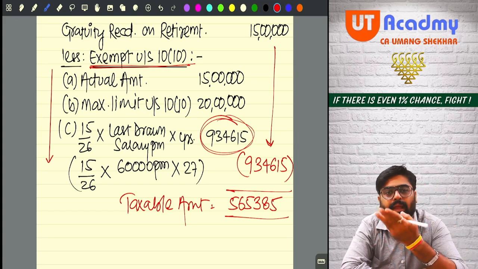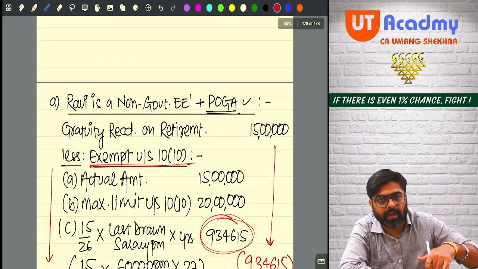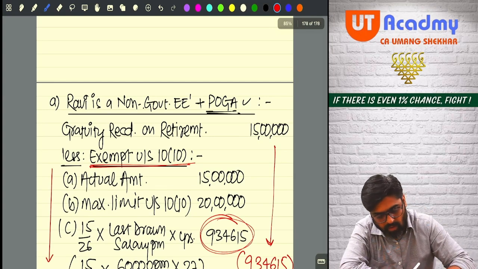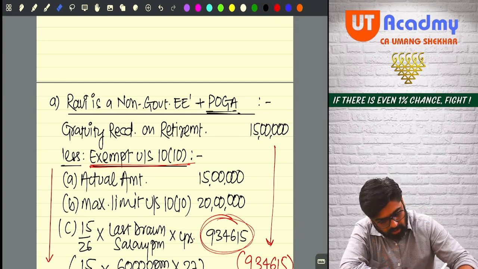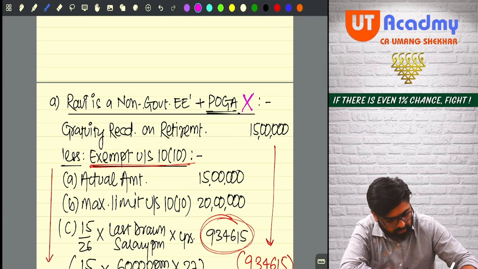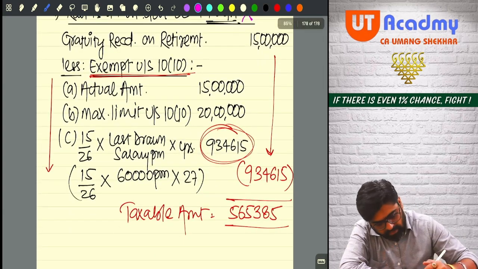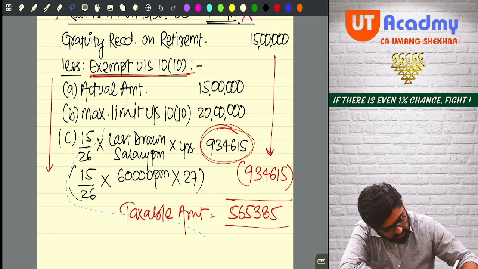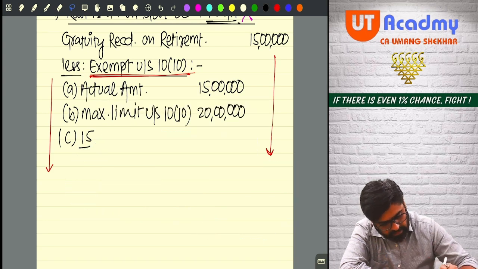Now the second part, same calculation, same thing. What I will do here, I will put a cross mark, not covered by Payment of Gratuity Act, and everything will remain the same except for this C part. This will change, and as a result of that, everything will change. Okay, no?